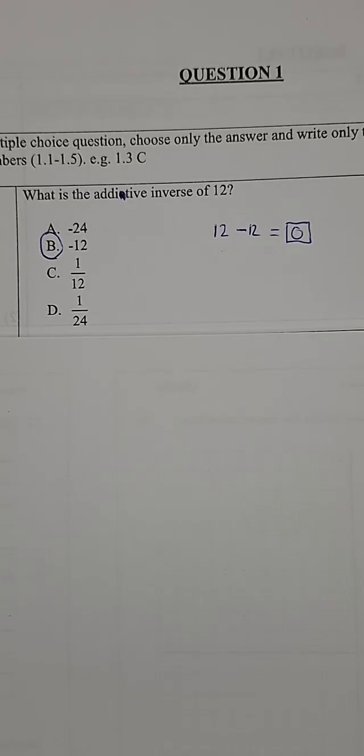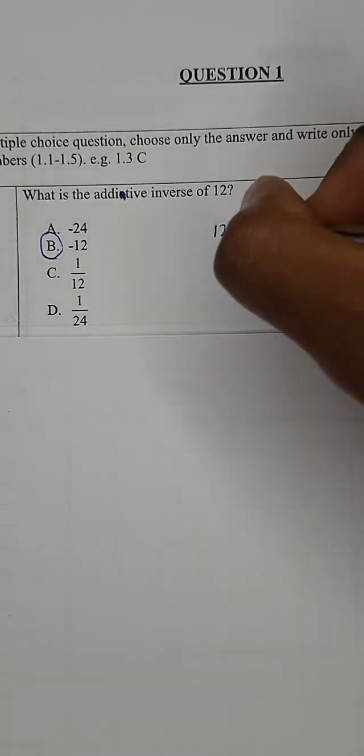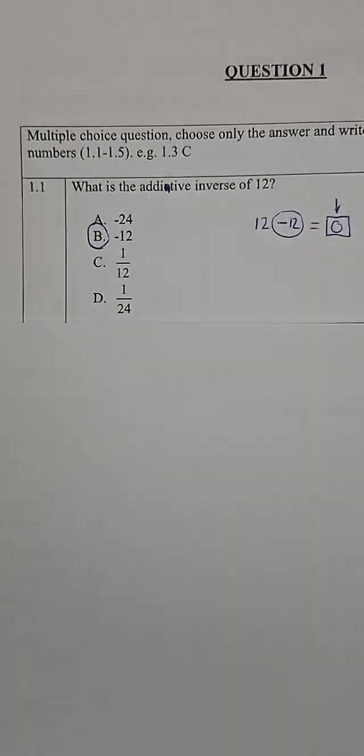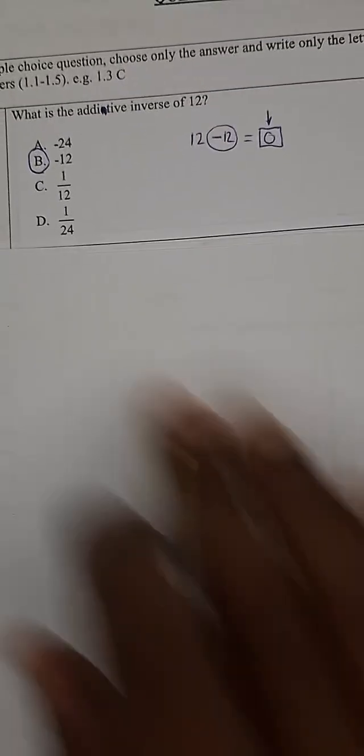As Shai Babylon says in the comment section, additive inverse means a number that when added together will equal 0. So that is why we are saying negative 12. The answer is definitely B. Let's never forget what an additive inverse is now and forevermore. Okay, let's move on to the next question.